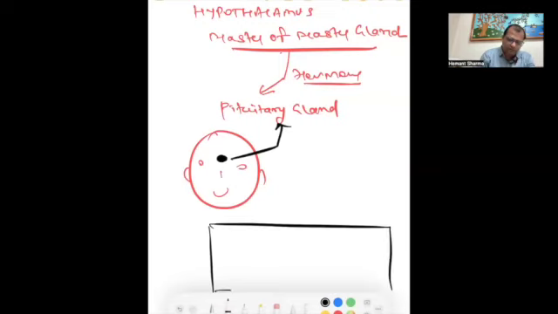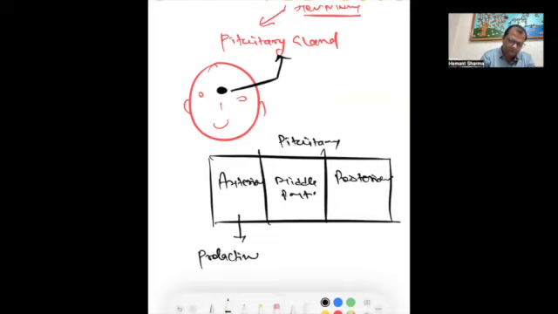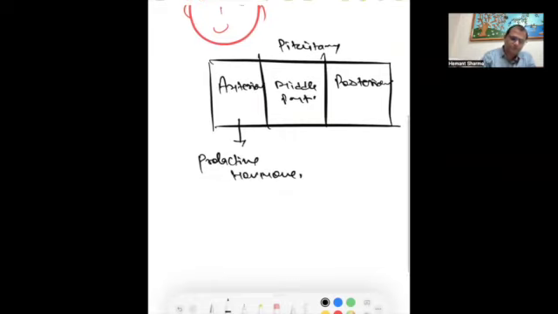The pituitary gland can be divided into three parts: the anterior part, the posterior part, and the middle part. 那脑垂体它会分成前方、中部还有后部。So the anterior part of the pituitary secretes one hormone that is called prolactin, or in simple words, the milk producing hormone.